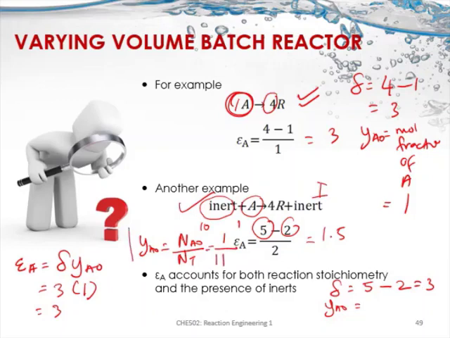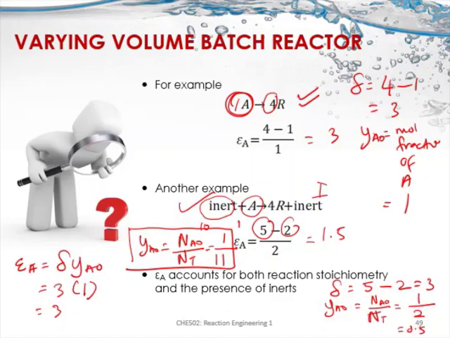This is when you are given some information about the feed to the reactor. If not, then we just follow the stoichiometric number. So YA naught is a half, because you have 1 mole inert and 1 mole reactant. NA naught is 1, and the total number of moles is 2. That's why you have a half.